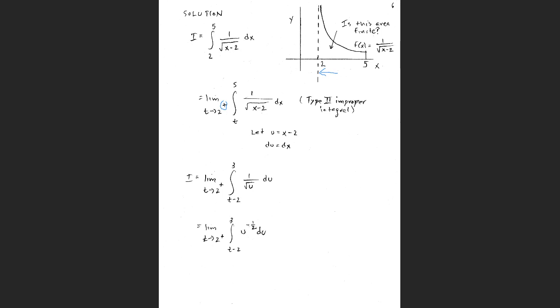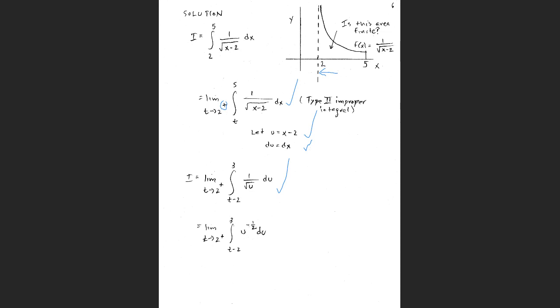Okay, so I'm going to let u equals x minus 2, du equals dx. Now I convert this integral with respect to x into an integral with respect to u. The x limits now get changed, of course.